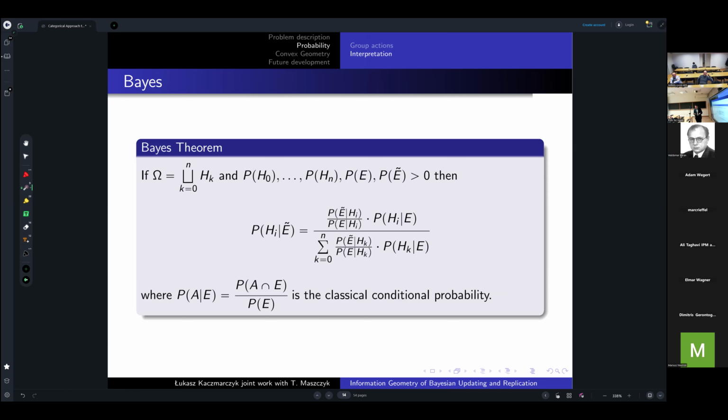And now, to interpret what we just did, because we've constructed some formal stuff, but is it even connected to anything that we know?